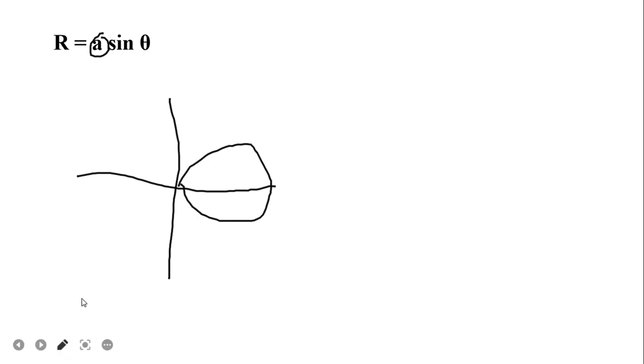Then this is the half of a, or the radius, and this is the distance or the diameter of a.